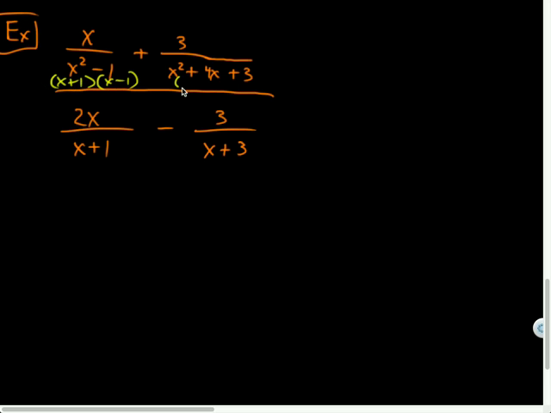And what does this one factor to be? x plus 3, x plus 1, right? So the LCD of the denominators looks like x plus 1, x minus 1, and x plus 3.